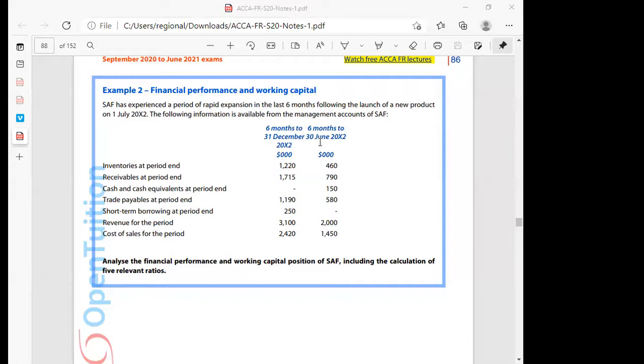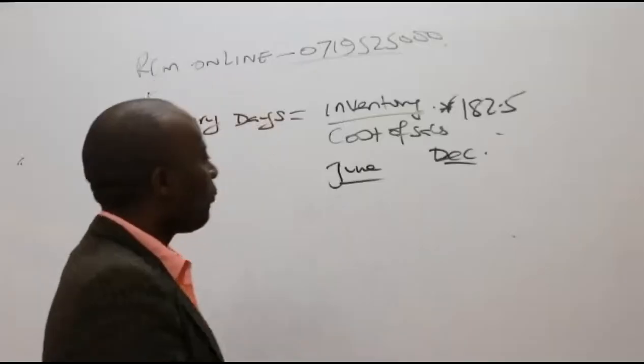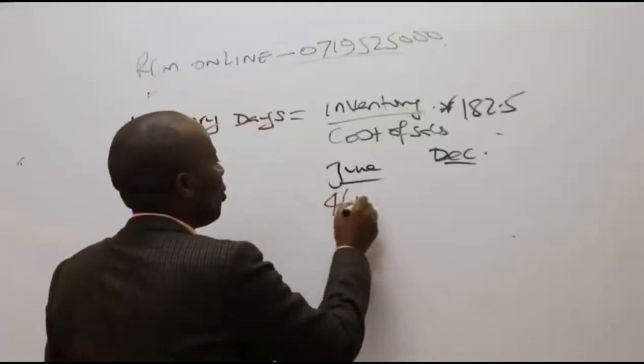So for performance appraisal, I prefer starting with the initial period. So you can see inventory days for the month of June, inventories are 460.